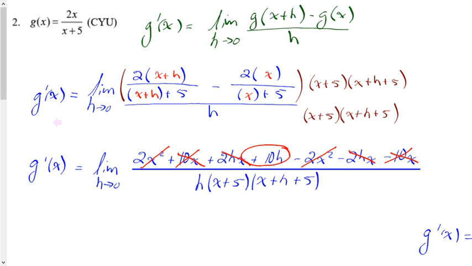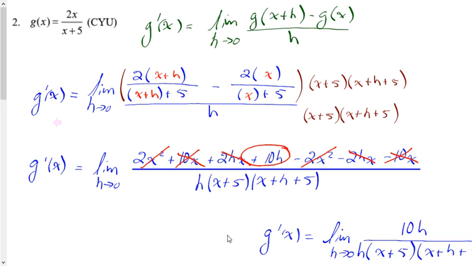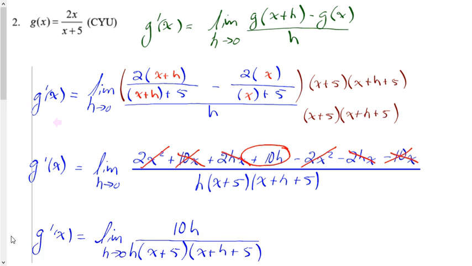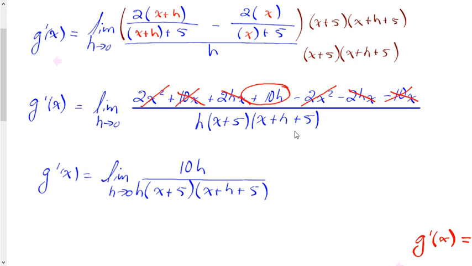Does this work? Nope. Well, let's pull this out. So there we go. We have the 10h on top. And again, my denominator, I didn't expand out, kept it in factored form. And at this point, I can see that as h goes to 0, these two h's can cancel out. And I've gotten rid of the 0 over 0 problem.